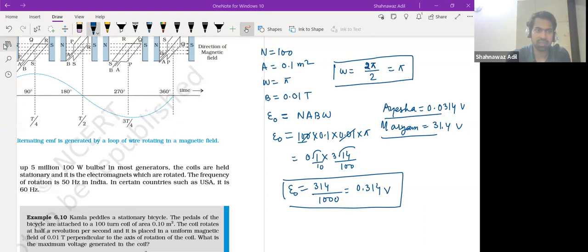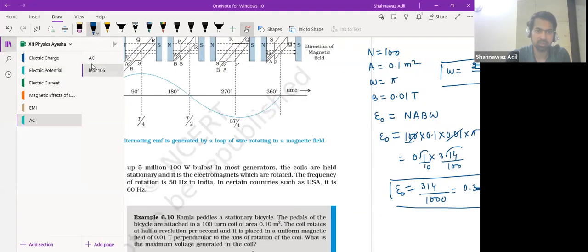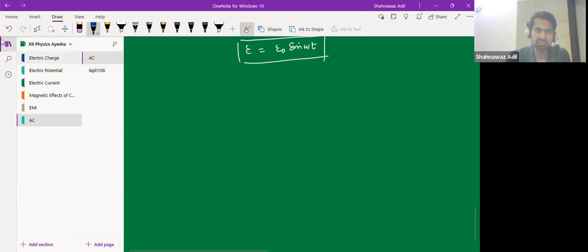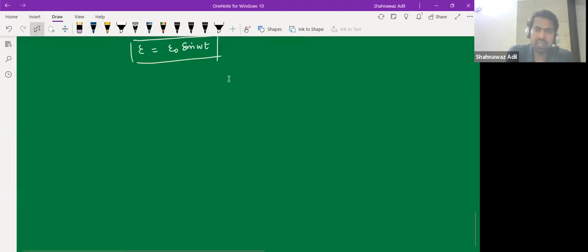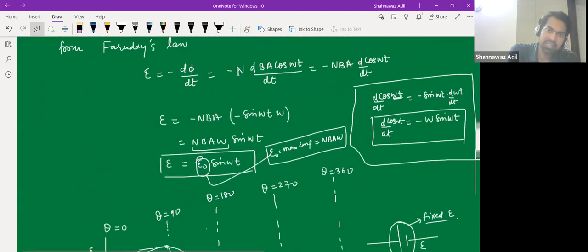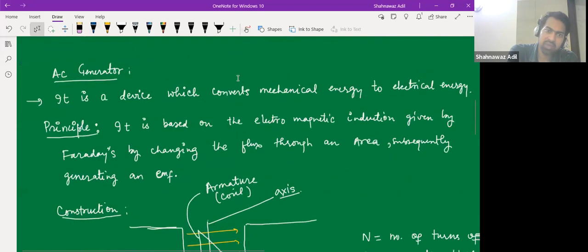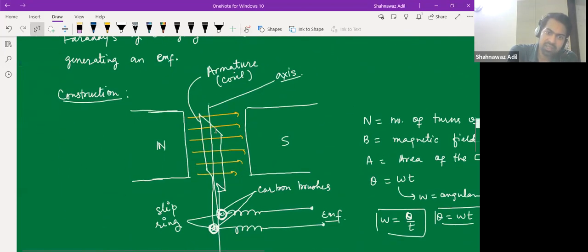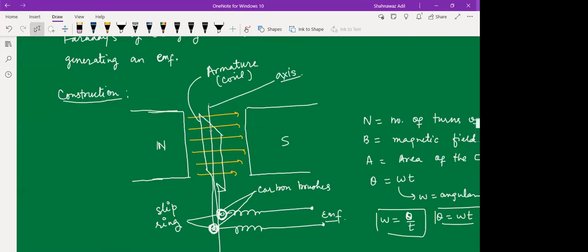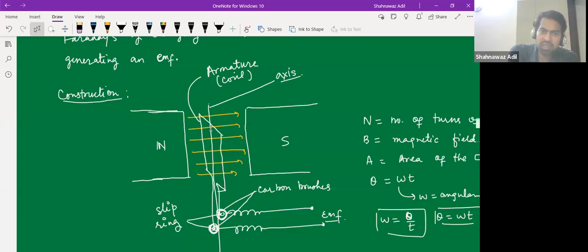Now let us understand the other things. Before I do that, we generated this EMF by rotating this coil, right, everyone? There are a number of ways in which we can rotate this coil. The first one is hydro power plants.